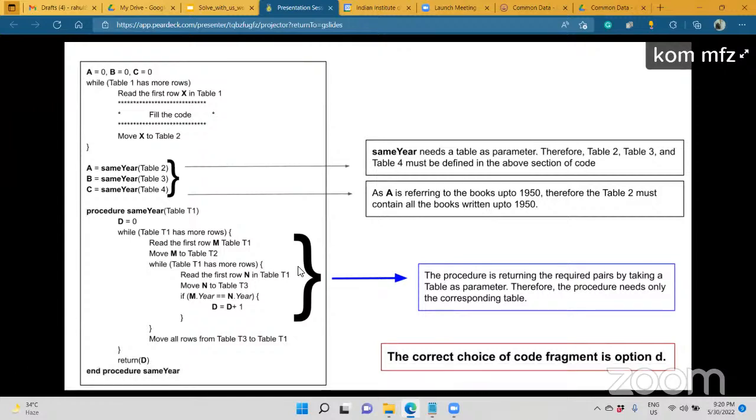Sir, one clarification here, sir. This question doesn't, we don't even need to look into the procedure at the moment, sir, because we are just doing the binning part in the fill code. Yes, sir. That is how I arrived at the answer, sir. I didn't look into the procedure at all at this moment.